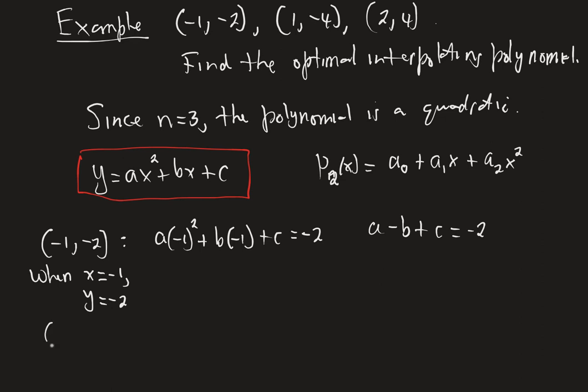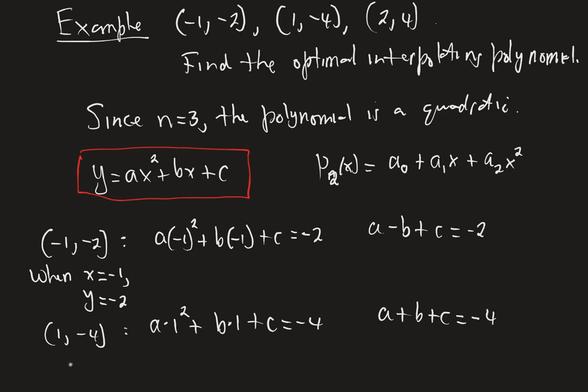The second ordered pair, 1, -4: plug 1 in for x and -4 in for y, and that simplifies just as easily. Here's my second equation in the system: a plus b plus c equals -4.